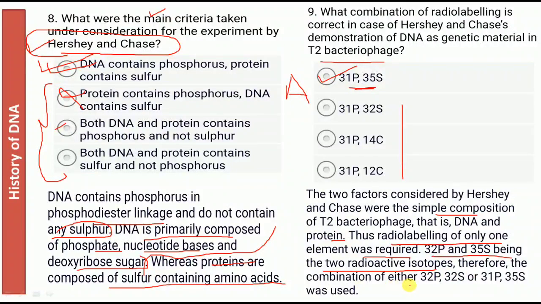Therefore, we have to choose either one combination, that is 32P, 32S, or 31P and 35S. Both the options we can't choose together. Thus radiolabeling of only one element was required. Hence the correct option is 31P and 35S.